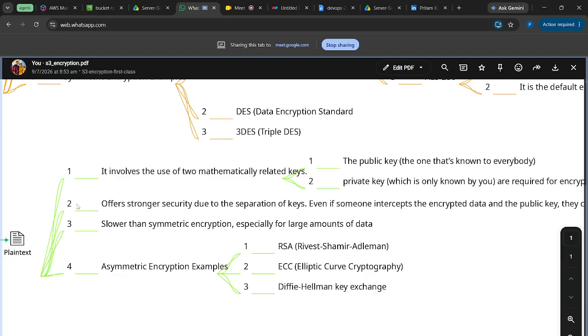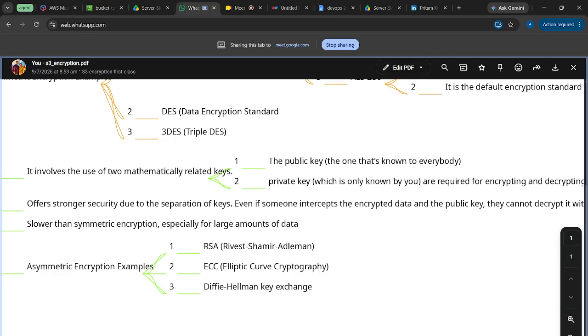Then the second point is it offers stronger security due to separation of keys. Why is there stronger security? Since we have two keys, if someone steals one public key, they are still not able to encrypt or decrypt your message because they don't have the private key, and those two keys are different. That's why it is stronger security.